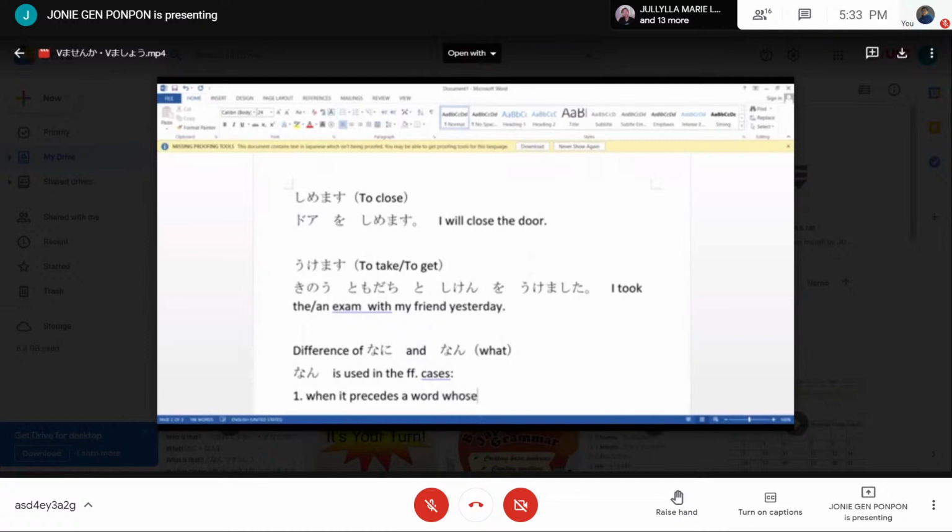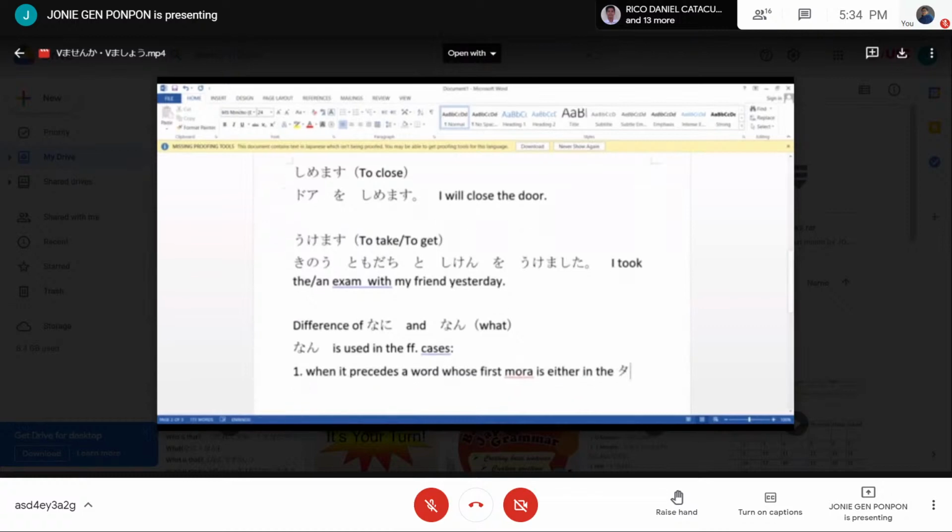kung ang mora whose first mora, the mora here is just like the syllable, is in the ta row, da row, or na row.